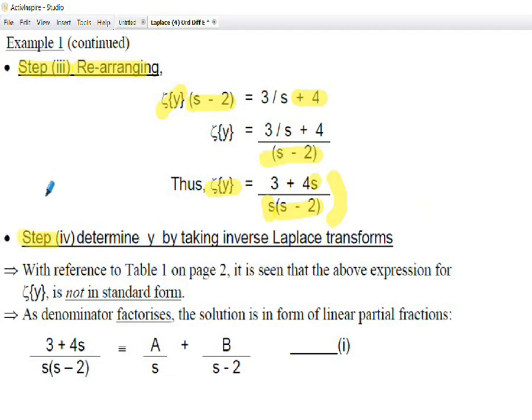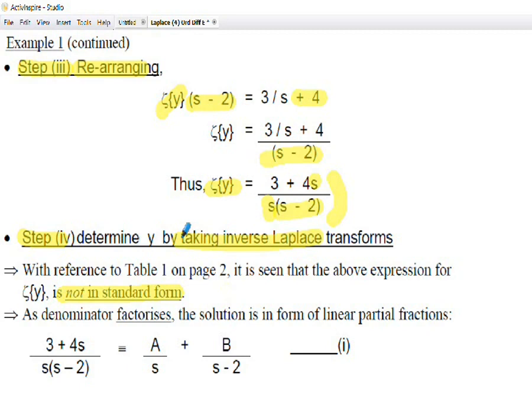Step 4, we're going to start to take the inverse Laplace transforms of our functions. What we notice about the denominator above is that s open bracket s minus 2 close bracket is not a standard form. So we do not have a standard form in our table of inverse Laplace transforms.